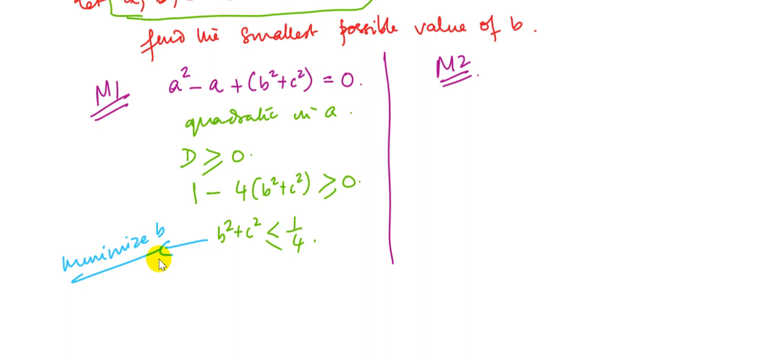So the concept is, if you have to minimize b, you have to maximize b square. Why?